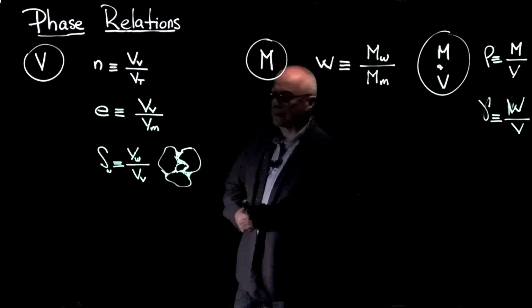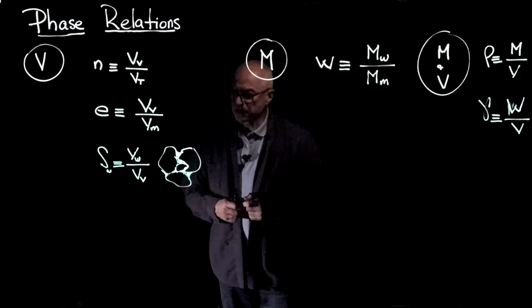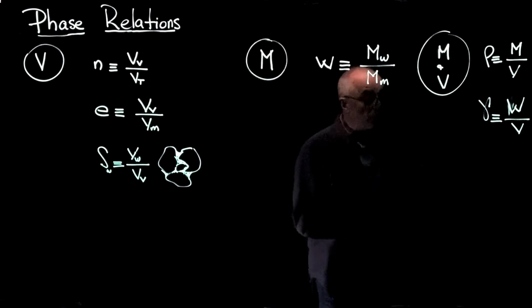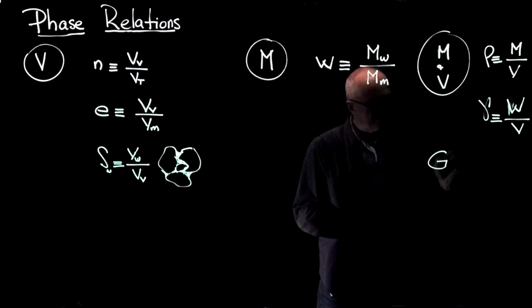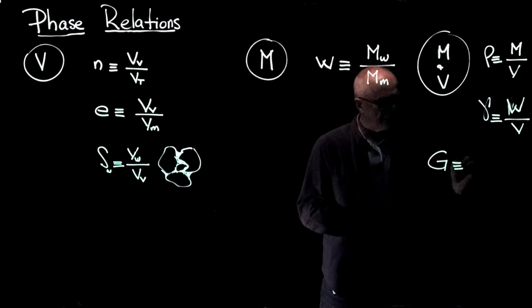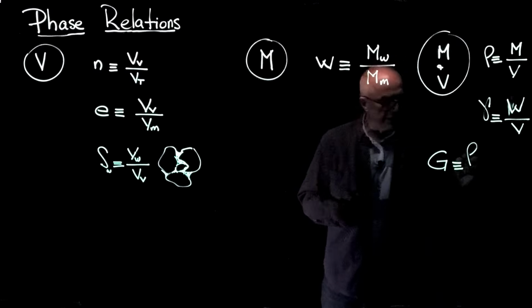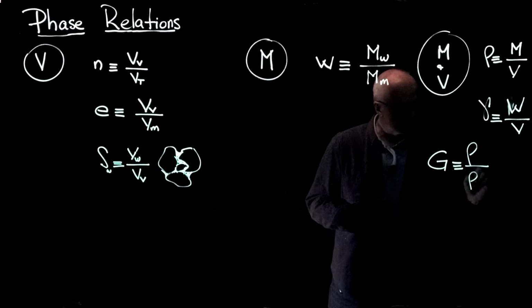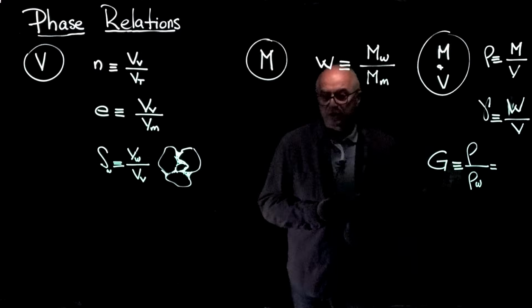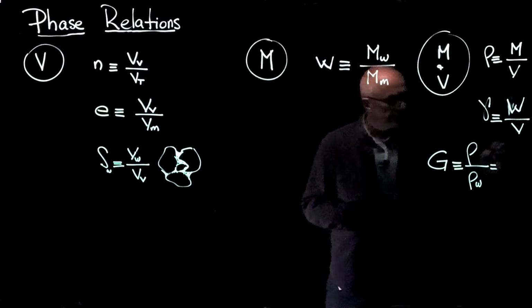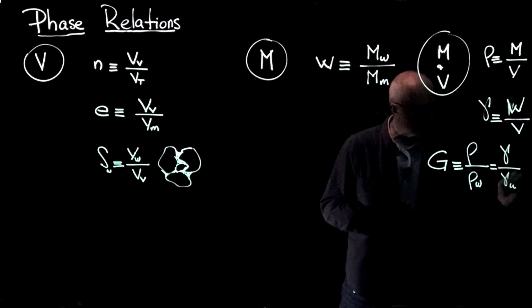In many cases, we do not want to carry all these definitions, and sometimes we are going to normalize. For example, we are going to define the specific gravity as the mass density of the material that we are looking into divided by the mass density of water, which happens to be the same, multiplying numerator and denominator times gravity, as the unit weight of the quantity divided by the unit weight of water.